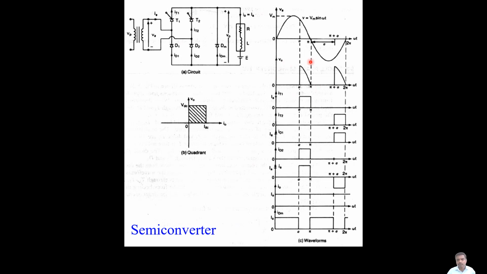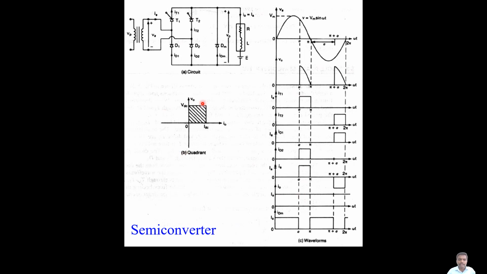The output voltage waveform shown here is for a firing angle alpha. This is the thyristor current during conduction, and this is the diode current during conduction. This is the supply current and this is the output current I0.